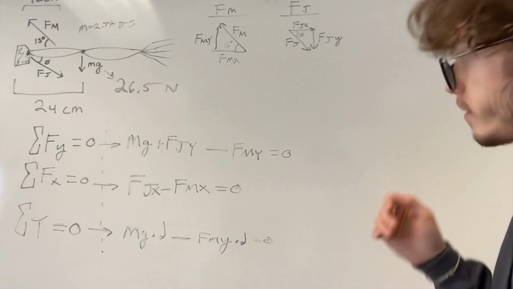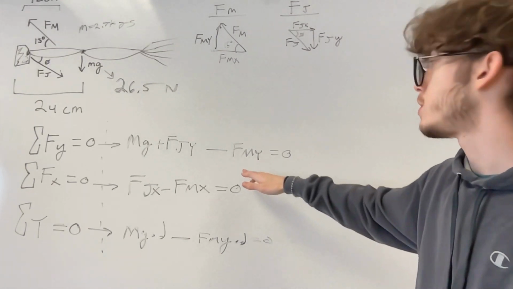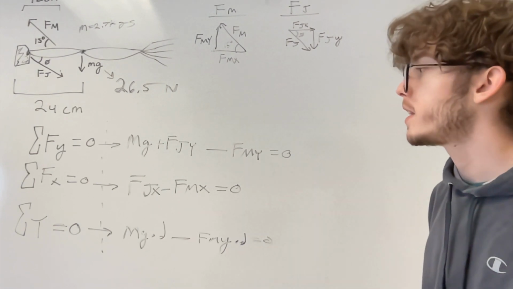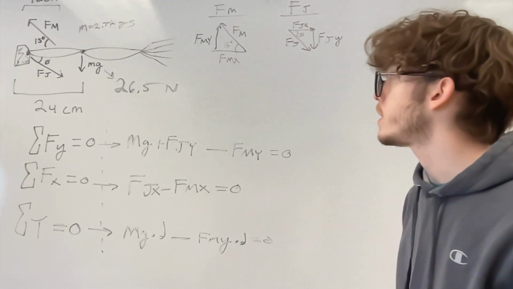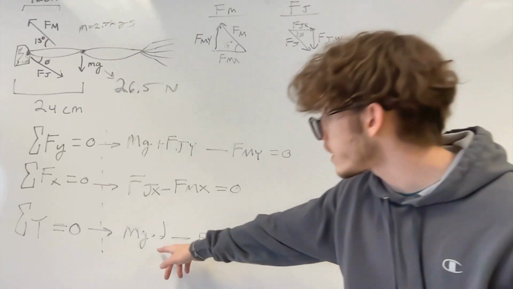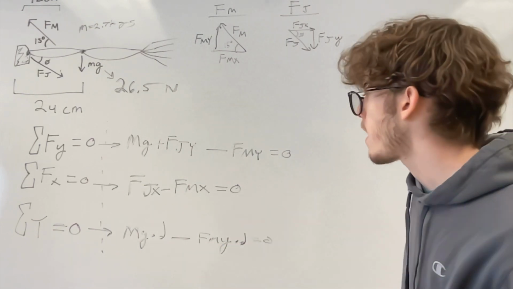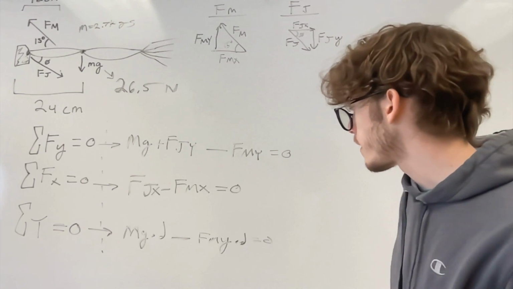Do we know enough variables to solve this for any other variable? For the sum of the y, the sum of the x, that's going to be a no. But for torque, we do know mass times gravity, that's 26.5 newtons. We know the distance, and we know the distance of that y component, F_m of y. So we could find F_m of y, right?